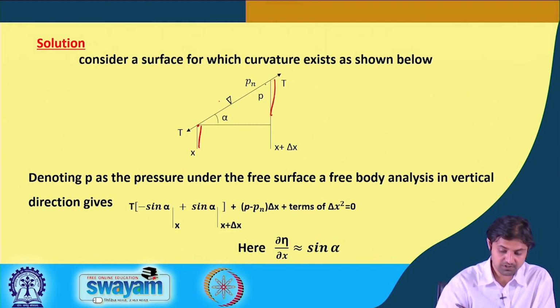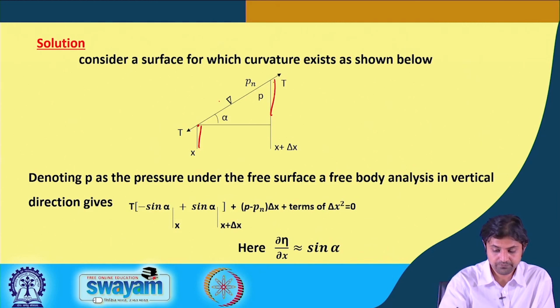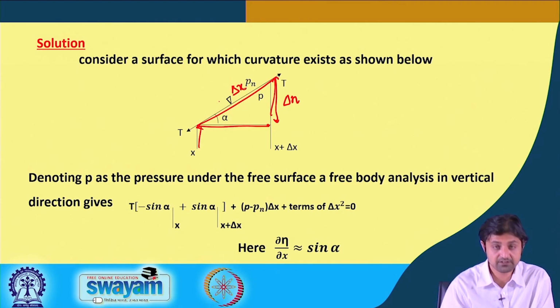So, the difference between them, del eta by del x, will be sine alpha. Or we can take this one also as delta x, because we are considering very small. So, here we take delta eta by delta x is equal to sine alpha.